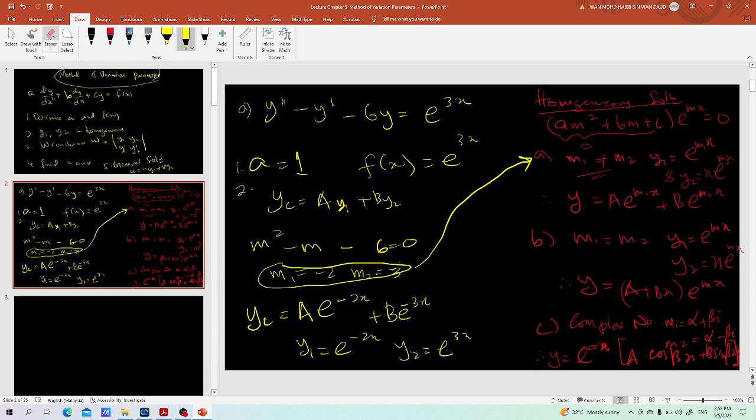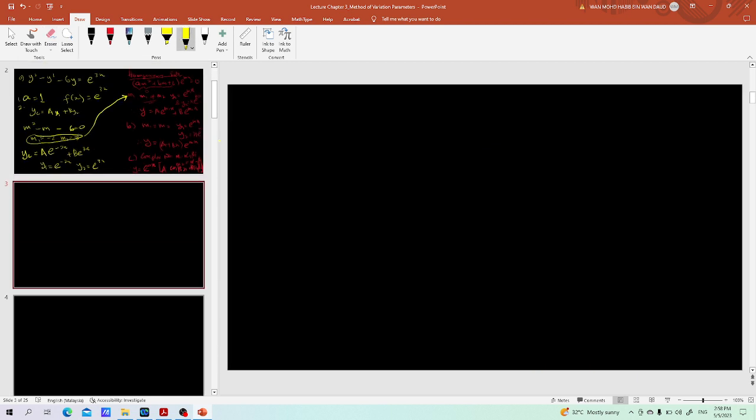And there's no negative here. Okay, so now we need to find number 3, W. How to find W? With y1, y2, y1 prime, y2 prime, and then we find the determinant.